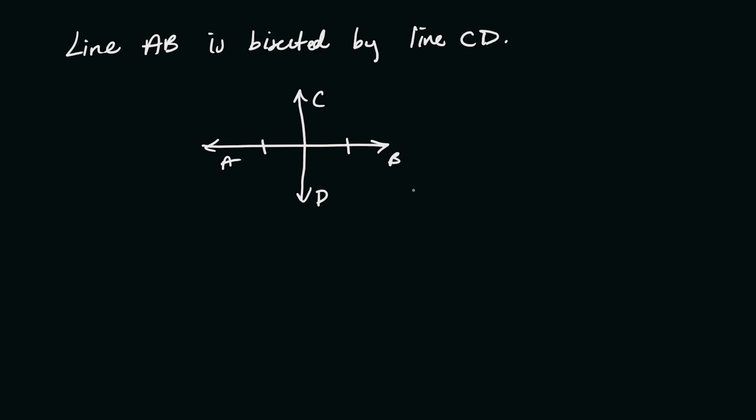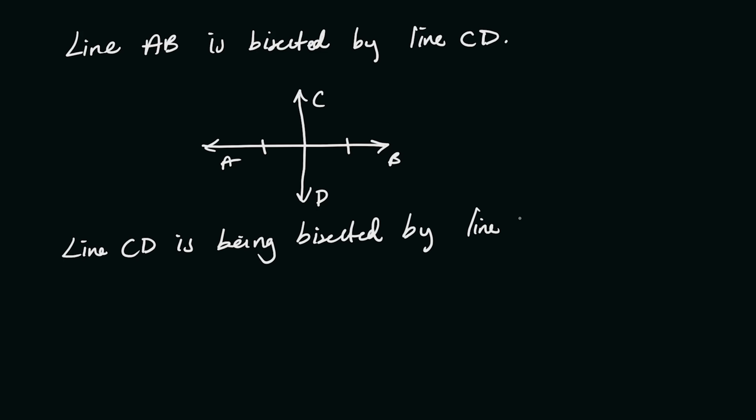Now, when would it be a case where CD is split in two? It would be a case when it says that line CD is being bisected by line AB. That would be the case if CD was being split up in two, right?